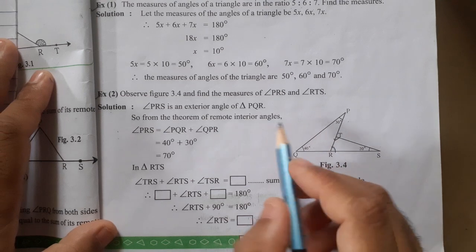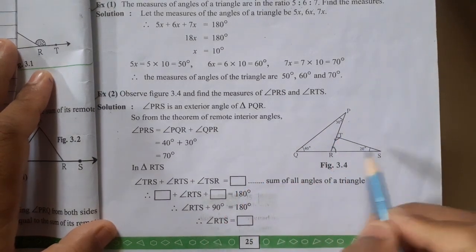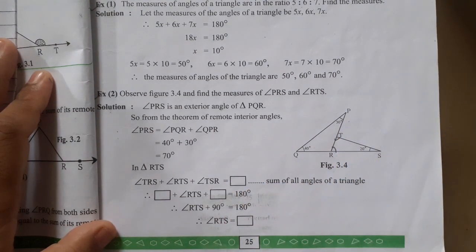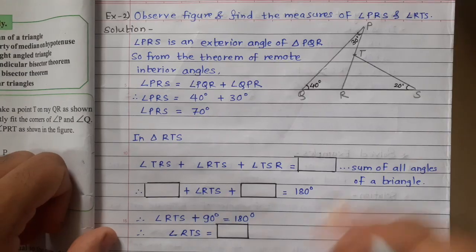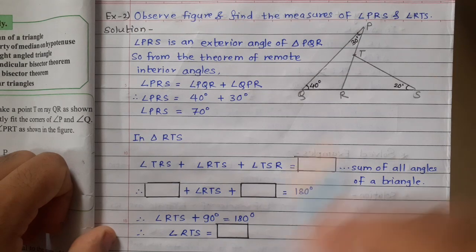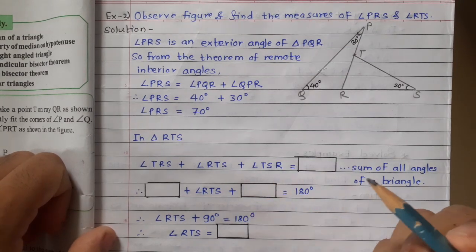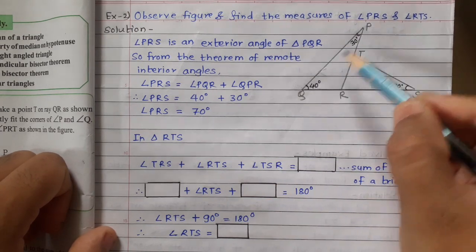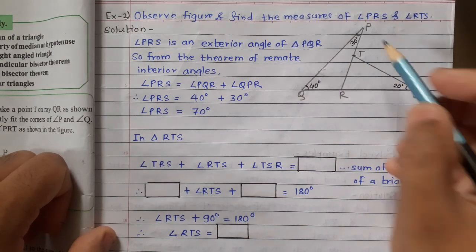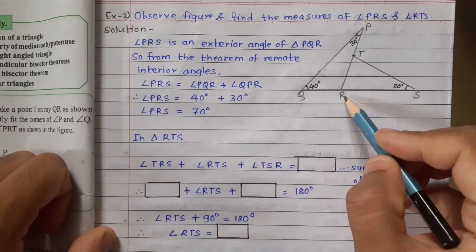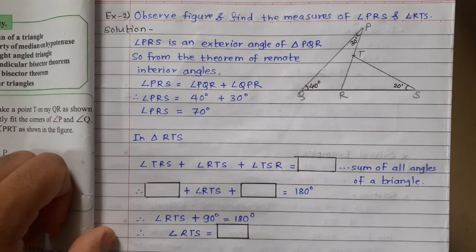Here we have to complete the activity. So here we are having two triangles, triangle PQR and triangle RTS.